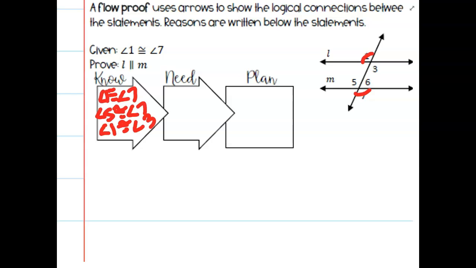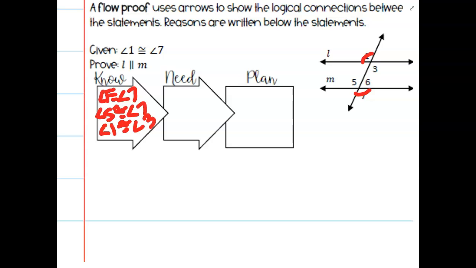Now, we could talk about angle 3 and angle 5 being alternate interior angles. That's not going to be useful. But what's another angle pair relationship that, even though I don't know that the lines are parallel, I can still establish? Okay, 5 and 6 are a linear pair. 6 and 7 are a linear pair. Let's go with that one.